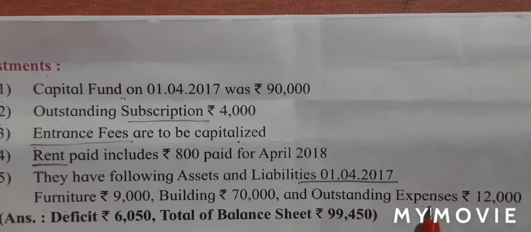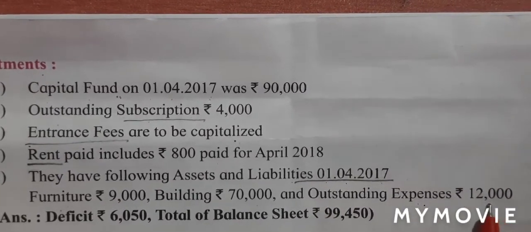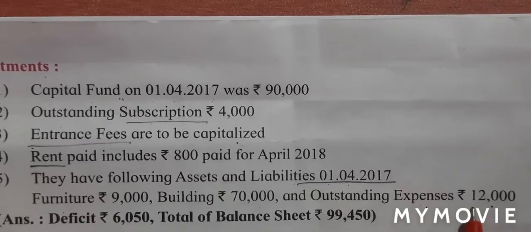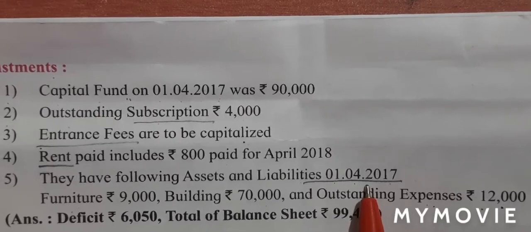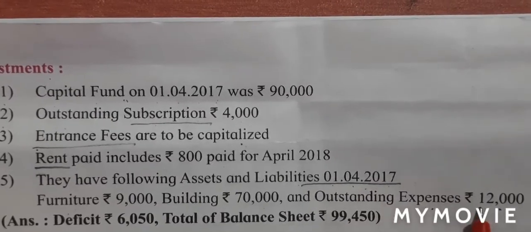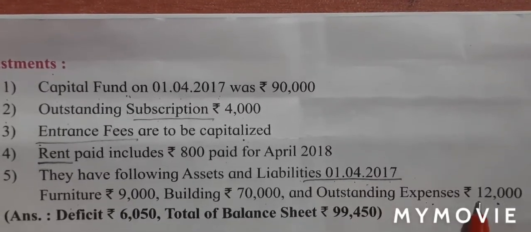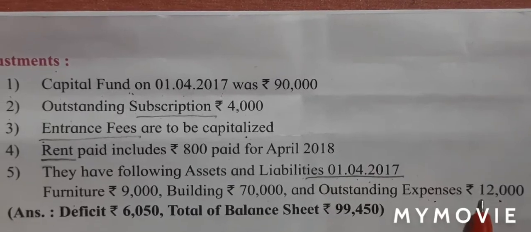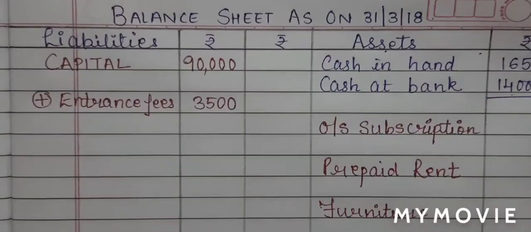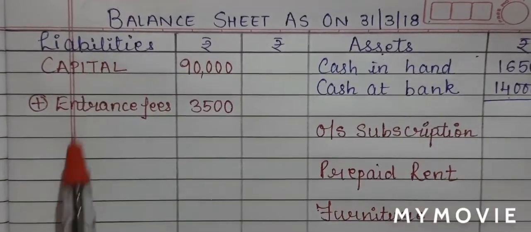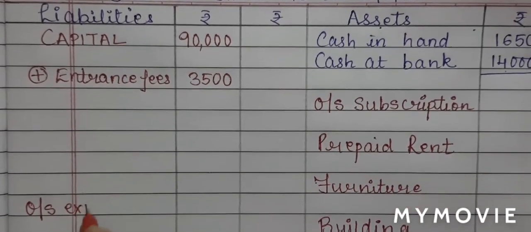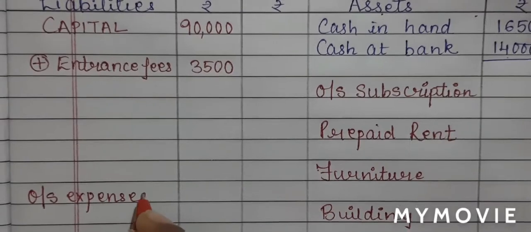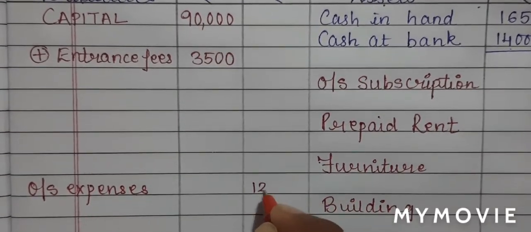Next is outstanding expenses rupees 12,000. This is my expense which was outstanding for my previous year, which means till now it is not paid, which means it is still payable. So it will be written on the liability side. On the liability side, we will write outstanding expenses, and the amount will be written in the outer column.